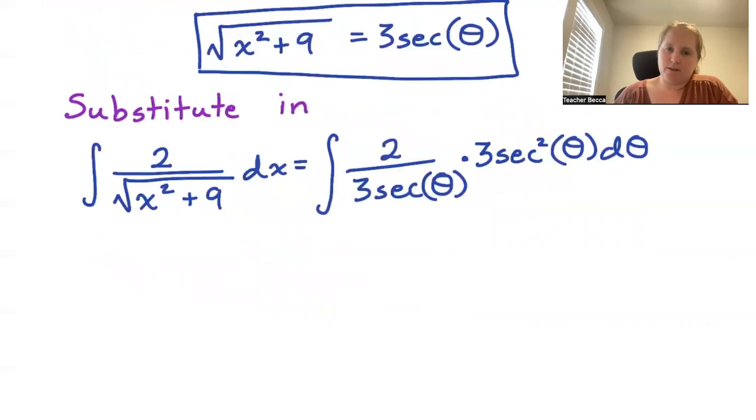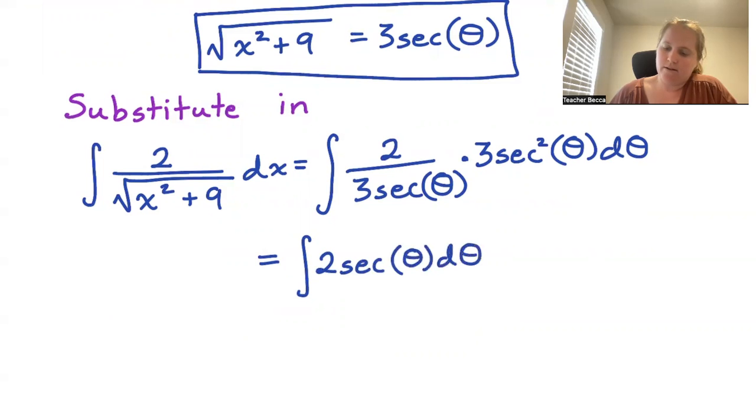So this becomes simply the integral of 2 times secant of theta d theta.